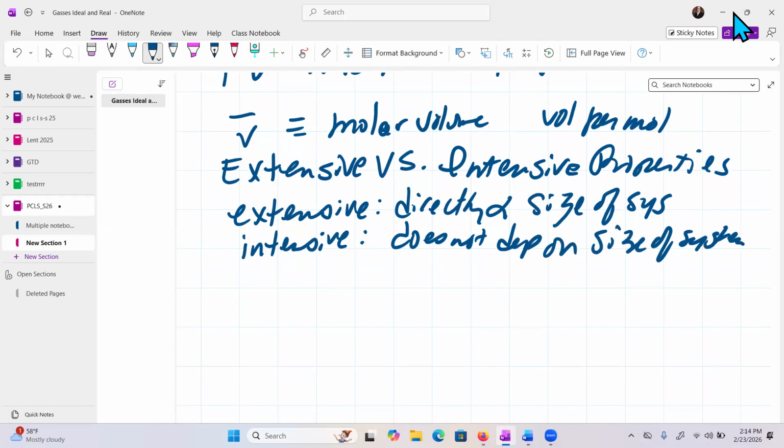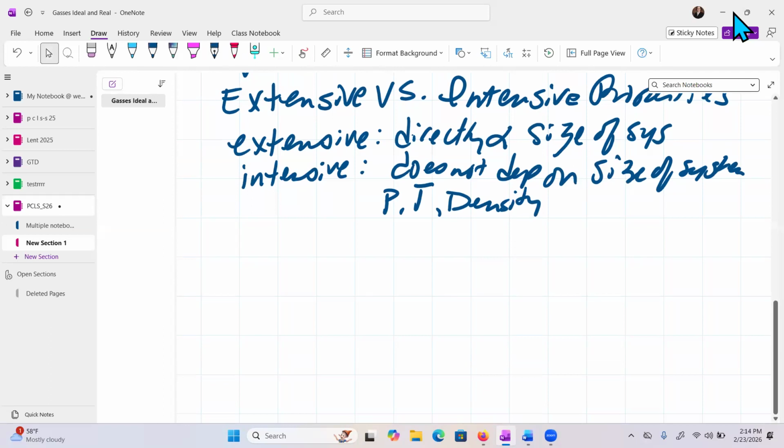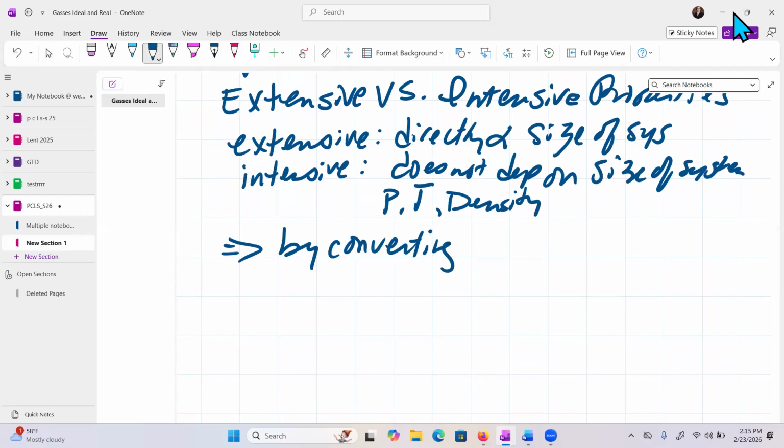So this would be P, temperature, density. Those are all things. So what this means then is that by converting from V to V bar, we've effectively changed from extensive to intensive.